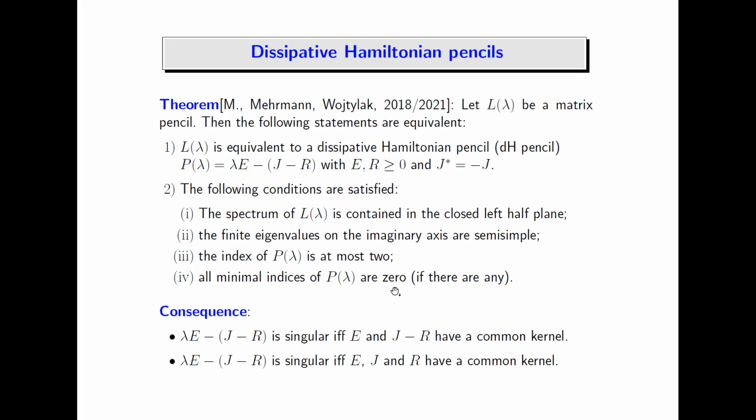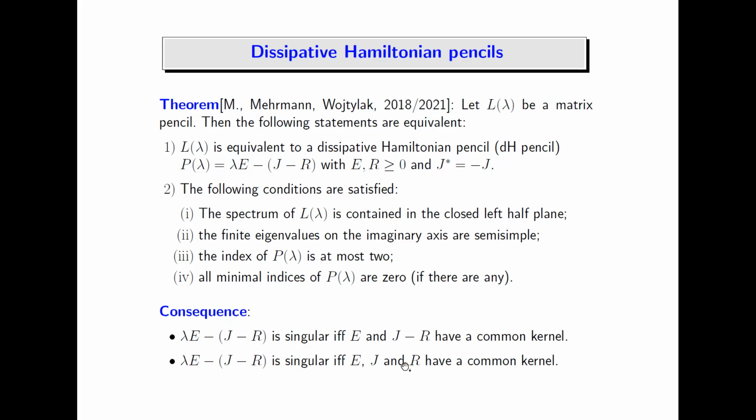And this means, as I just explained, since this corresponds to adding 0 rows or 0 columns, that such a dissipative Hamiltonian pencil is singular if and only if the two matrices E and J minus R have a common kernel. And in fact, since you have even more structure, with J skew and R positive semi-definite, it turns out that this is even equivalent to all 3 matrices E, J, and R having a common kernel.